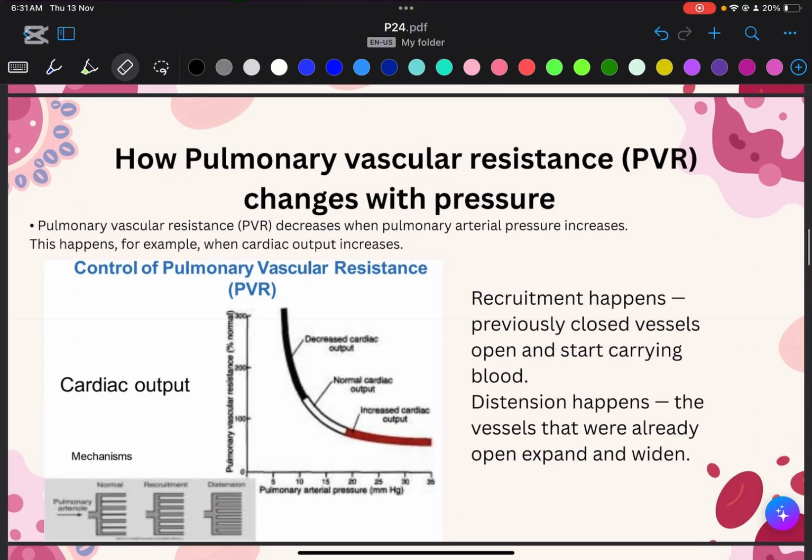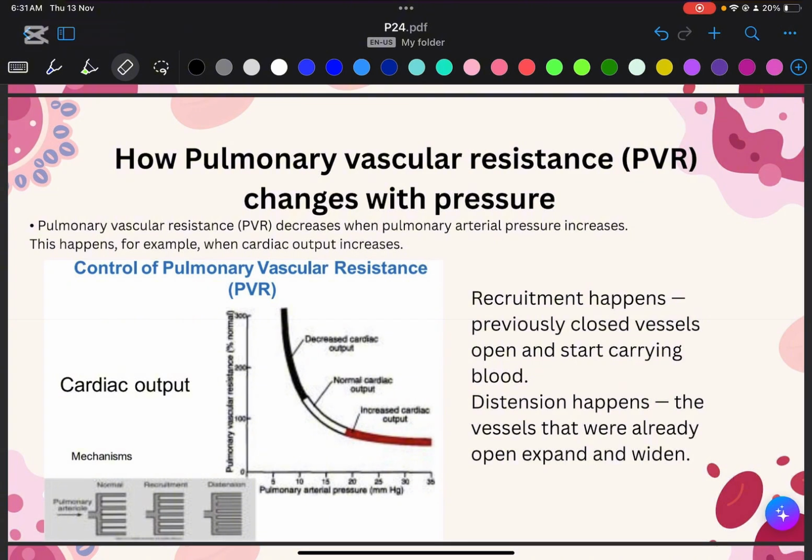Next, how pulmonary vascular resistance, PVR, changes with pressure. I want to clear up a concept before I explain the slide. We already know that in systemic arteries, when there's higher resistance, arteries will constrict in order to protect capillaries from excessive flow and pressure.